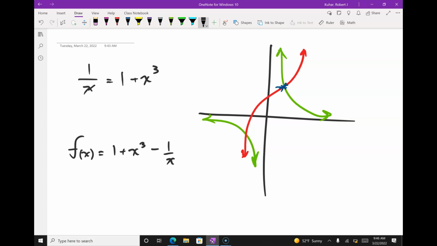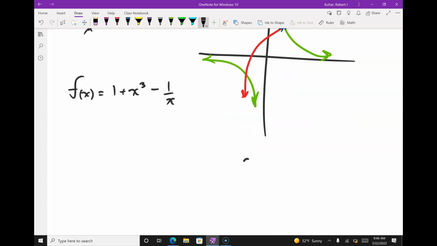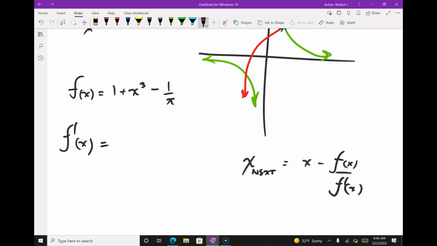What else do I need for this x next? Look at our formula: x next equals x minus f of x over f prime of x. What else do I need? The derivative. Who's got it? Nice.